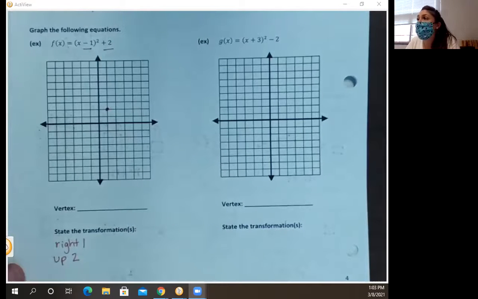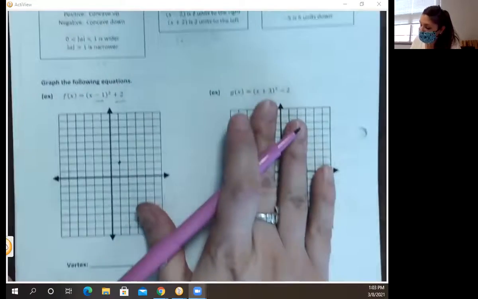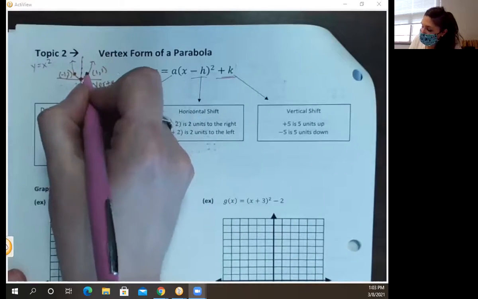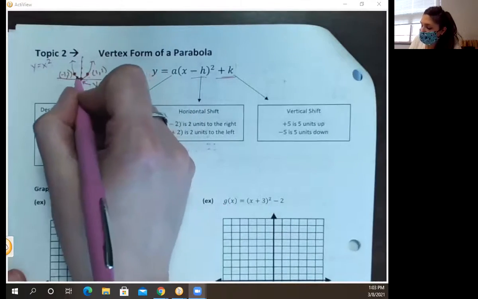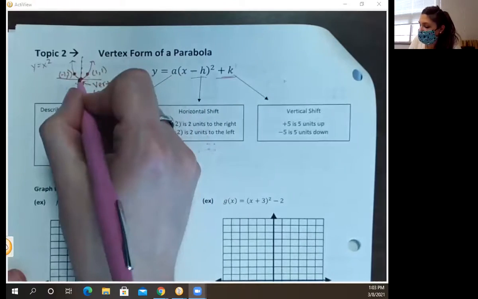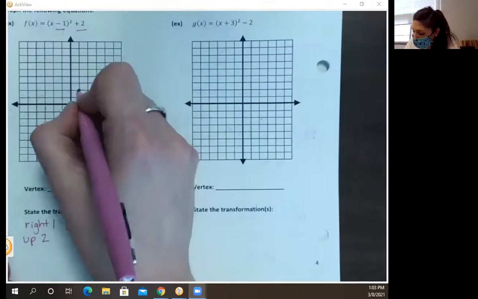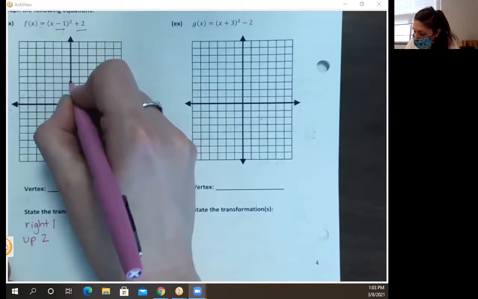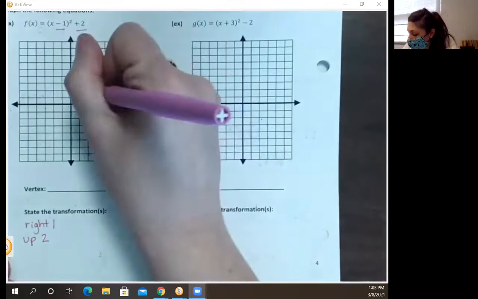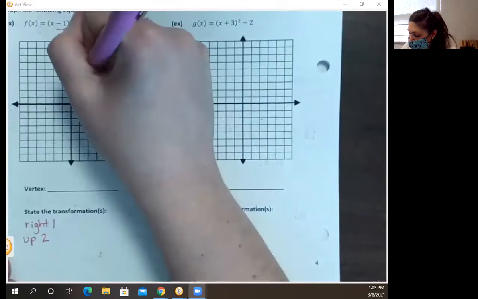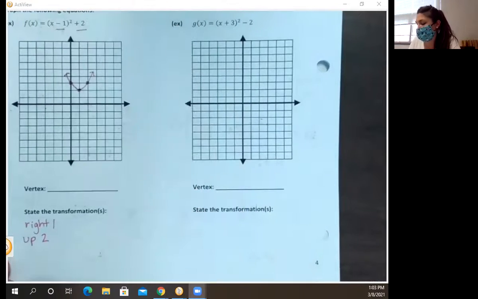Since we're not stretching or flipping, anything like that, that means that I can get my other 2 nice points the same way I got them from my parent graph. So from the vertex, I'm going to go up 1 and out 1 on either side. So up 1 and out 1, and up 1 and out 1. And there's my parabola. There's my graph.